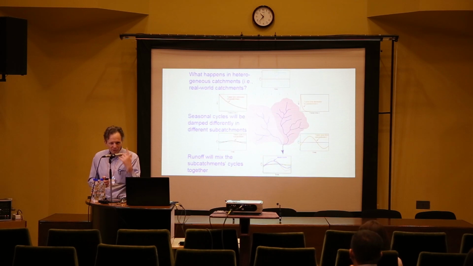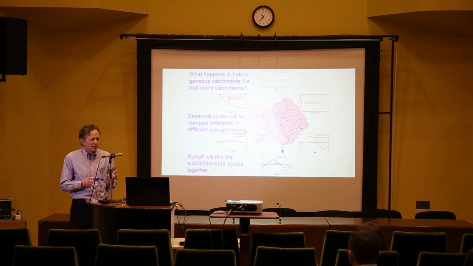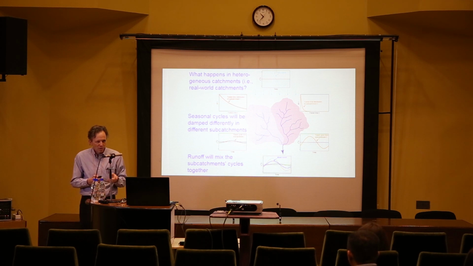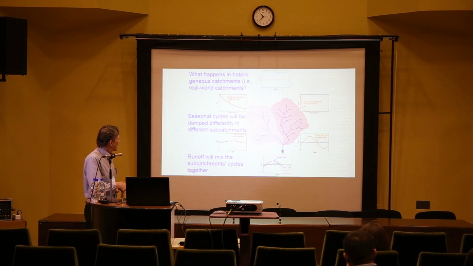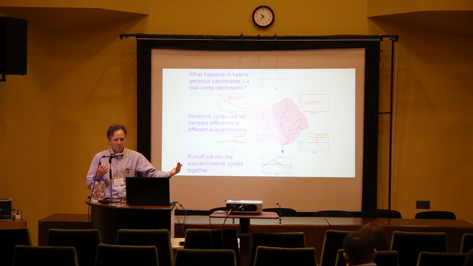So we started thinking about this, and we realized that we had a problem. Let's illustrate this with a thought experiment. Imagine we have a landscape that's divided into 2 pieces.